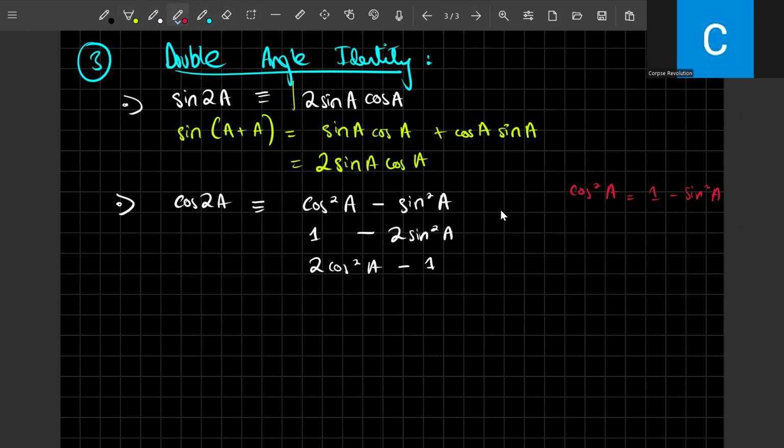Then 1 minus sine square a minus sine square a is equal to 1 minus 2 sine square a, which is this.